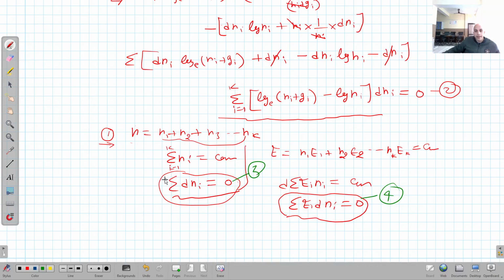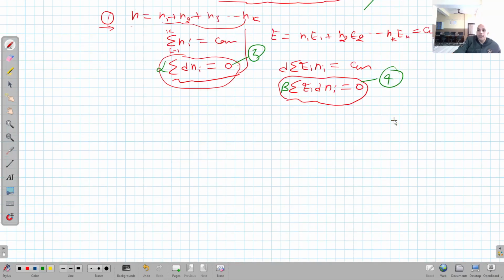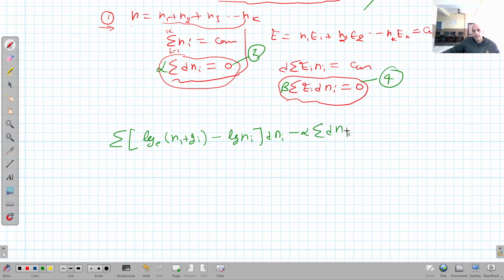Now I'm going to multiply one with alpha and the other with beta, and then subtract these two equations from this equation. When I do it, I will get the summation of log of (e Ni plus Gi) minus log of Ni, dNi, minus alpha summation of dNi, minus beta summation of Ei dNi, equal to 0.